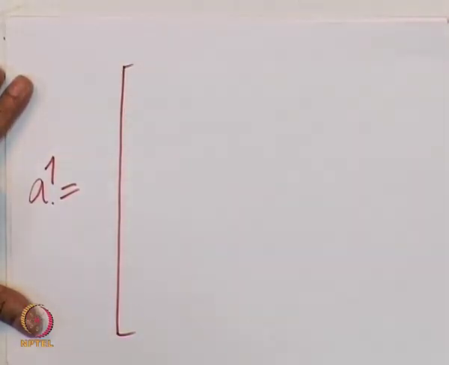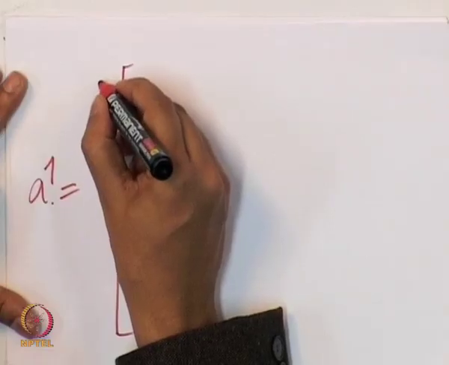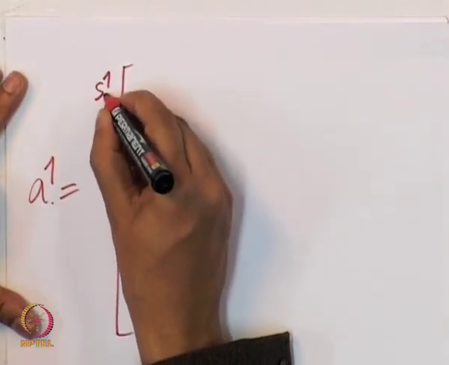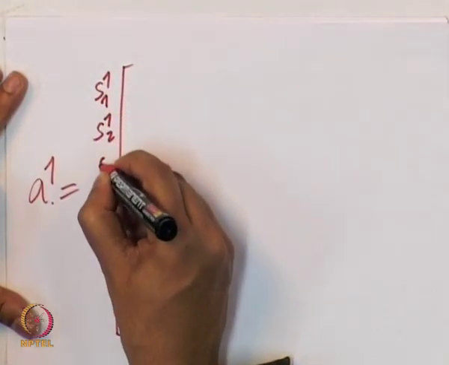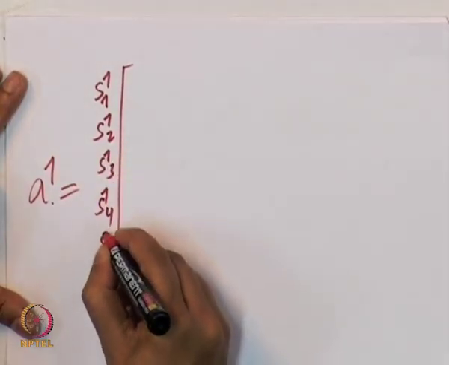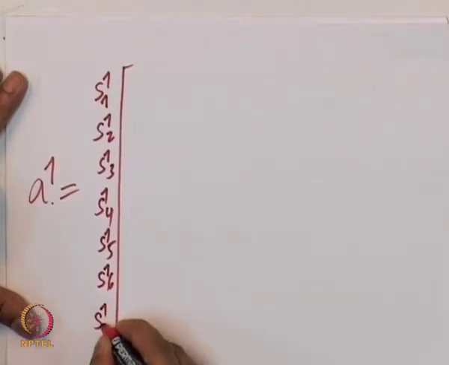In this case, as you can count, there are totally 7 edges: edge number 1 through edge number 7. We will write down all the edges: S11, S12, S13, S14, S15, S16, S17.